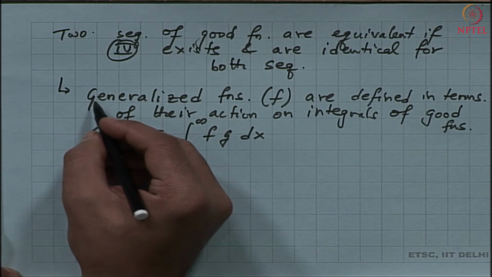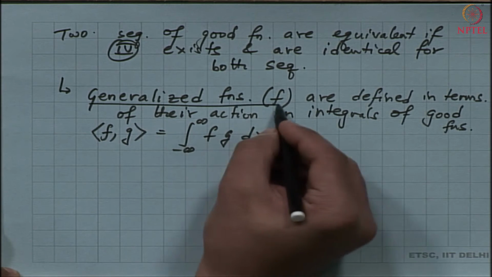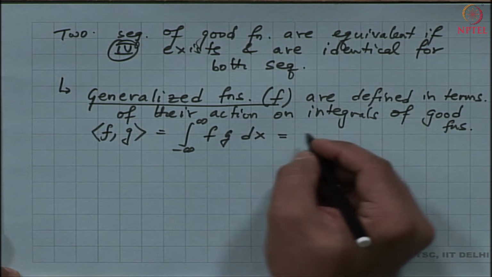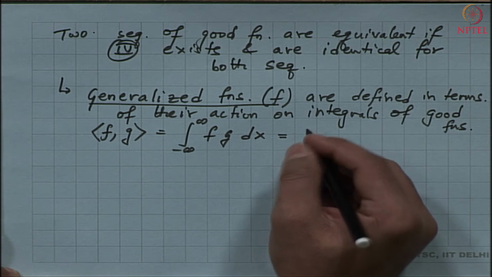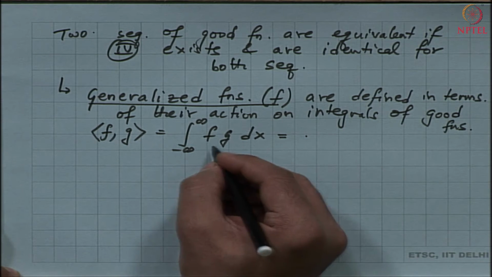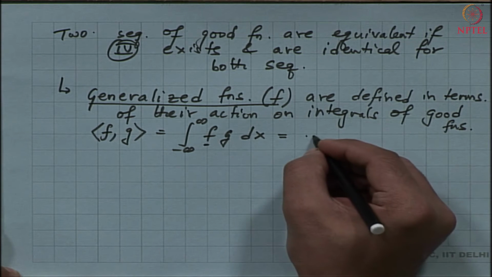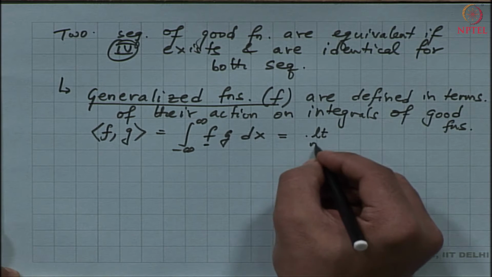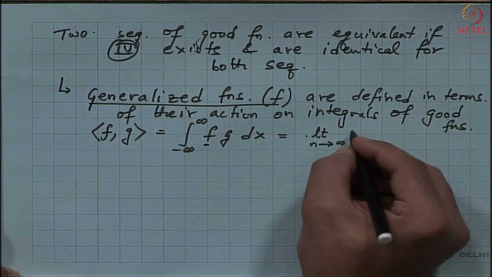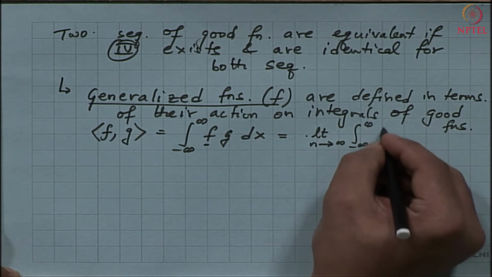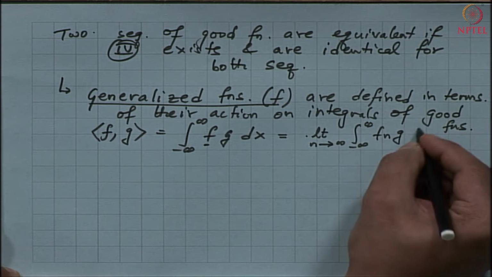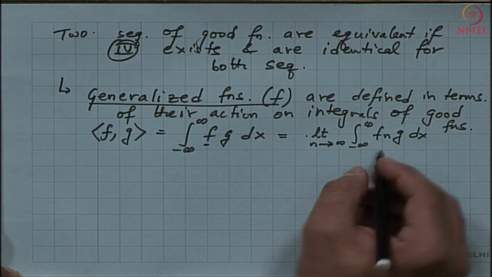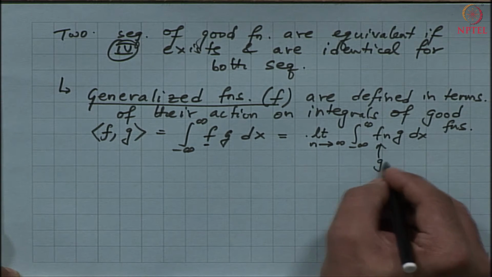Now, since I have this generalized function, it is also a regular sequence of good functions. So, I am going to replace my f as the limit, n tending to infinity, of the integral from minus infinity to infinity of f_n(x) g(x) dx. So, these are my sequences of good functions.